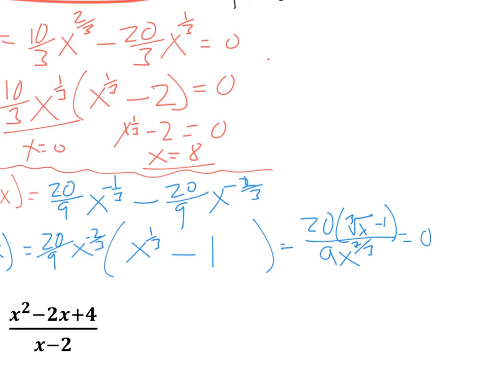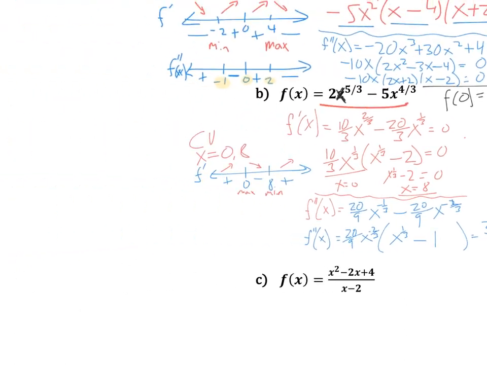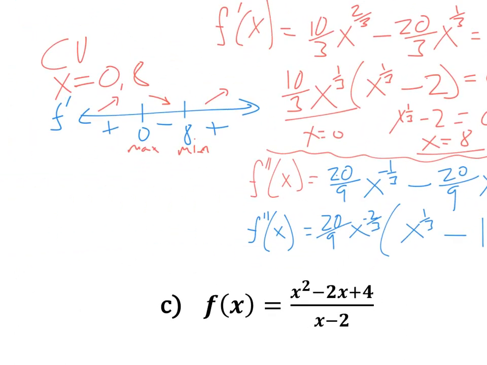Notice that x cannot be 0 because that would make the bottom 0. 0 to the 2/3 power is 0. And what makes the top 0? That would be 1. And that's it. So 1 is a critical value, or a possible inflection point, and 0 is a possible inflection point. So we have our possible inflection points here.